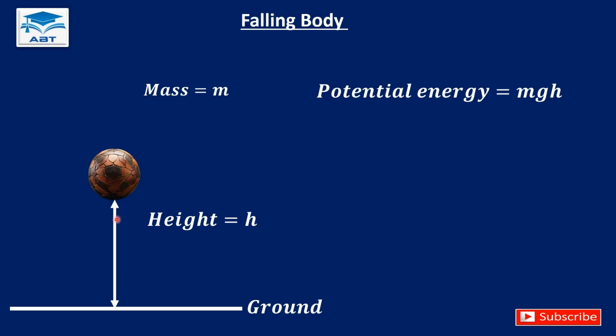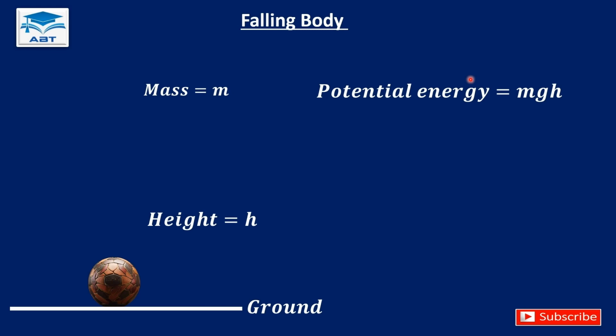And at the instance the body hits the ground and stops, the height h reduces to 0, and so all the potential energy is lost. But according to the law of conservation of energy, energy can neither be created nor destroyed, but can be transferred from one type to another.